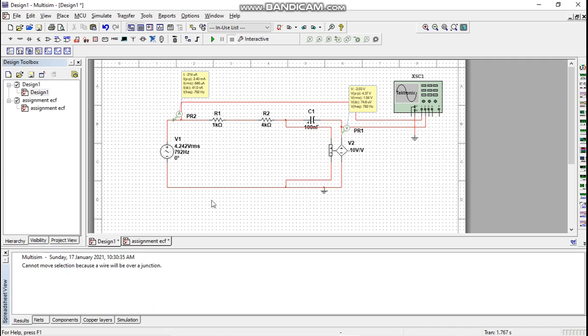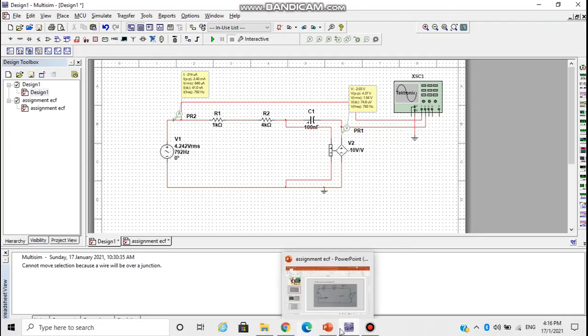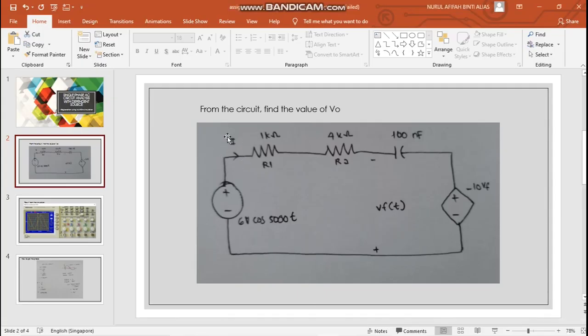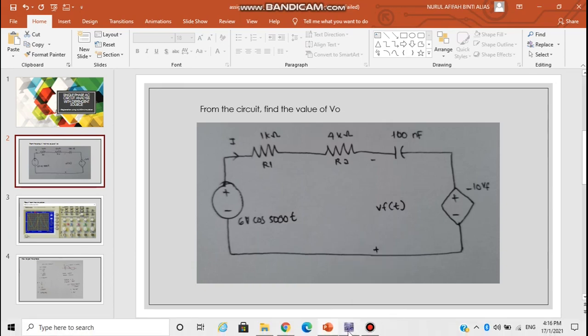The oscilloscope has to be connected to the circuit, and this is how I connect my oscilloscope: channel 1 before resistor 1 and channel 2 before the dependent voltage source. To find the value of voltage, I'm using the voltage probe, and I put the current probe here because from the question we have to find the current.